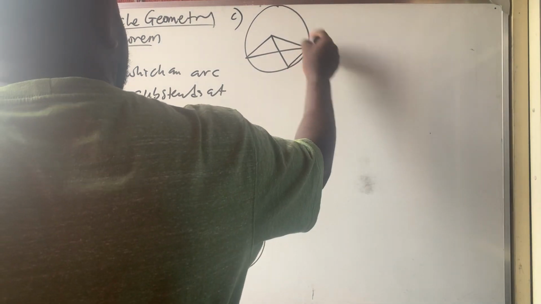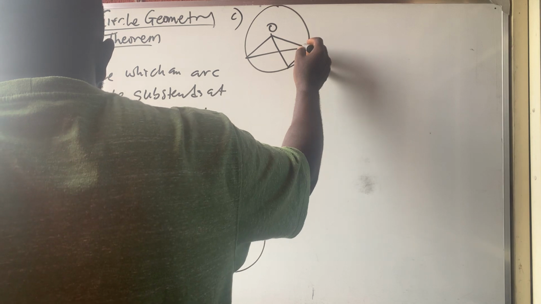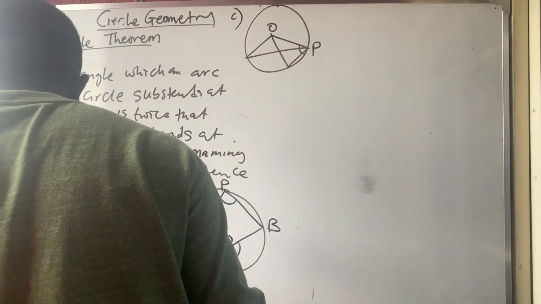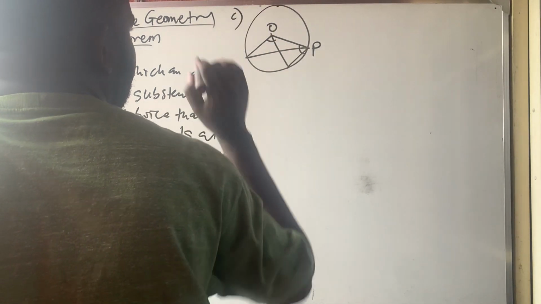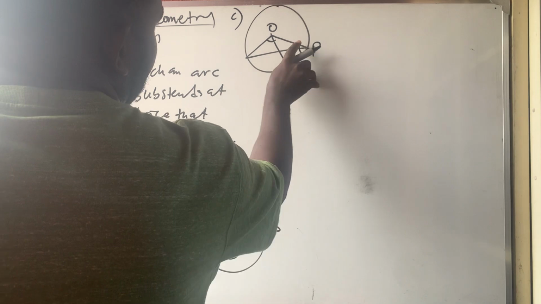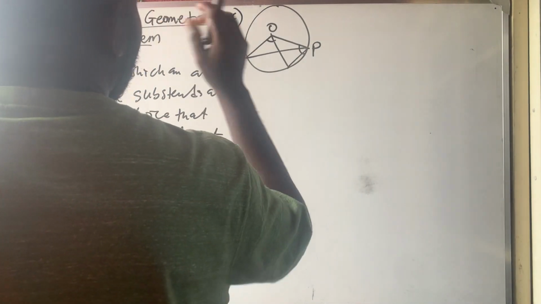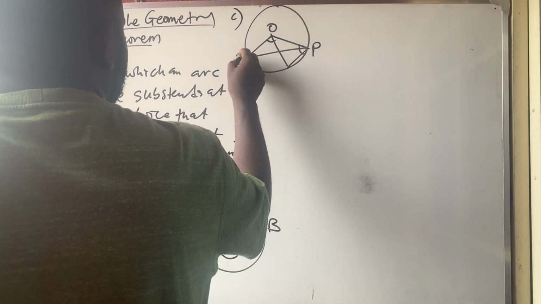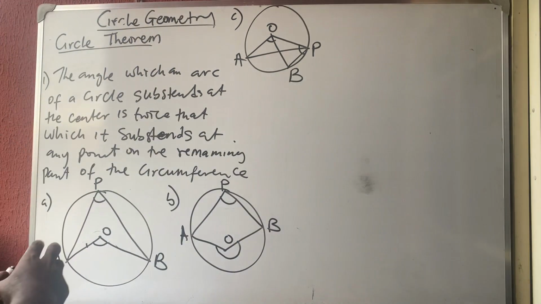So here is point P, here is center O. The angle at point P and the angle at the center must be facing the same way. This one is at the circumference and this one is at the center. So the angle at this center is twice the angle at this circumference. So I have that here is A and here is B.